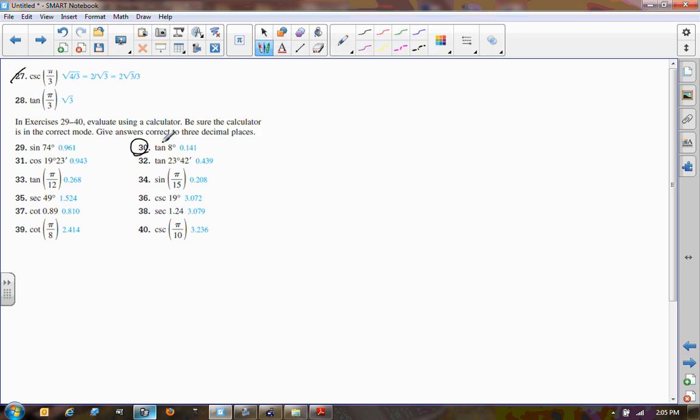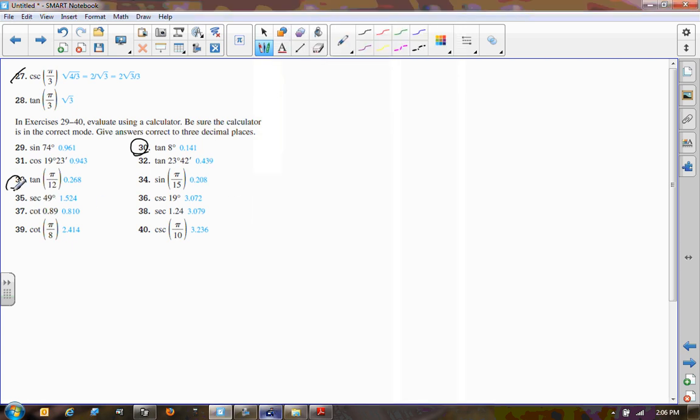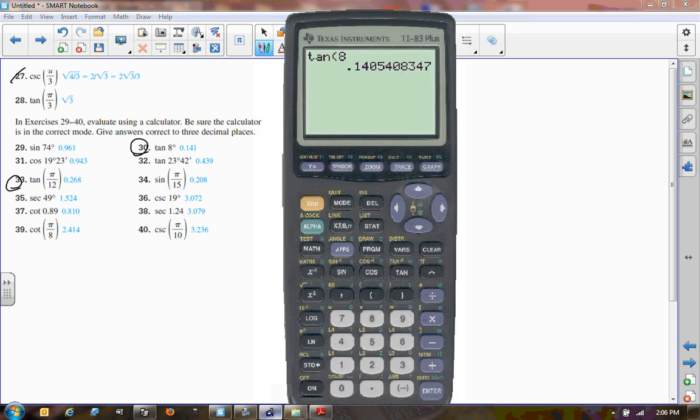So number 30, the tangent of 8 degrees. Throw that in your calculator. Tangent 8 degrees. There's your answer. 33. Tangent of pi over 12. Well, you got to change pi over 12 to degrees.